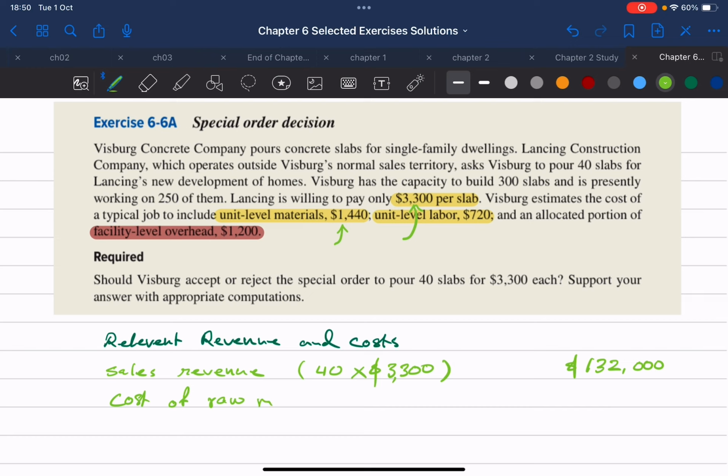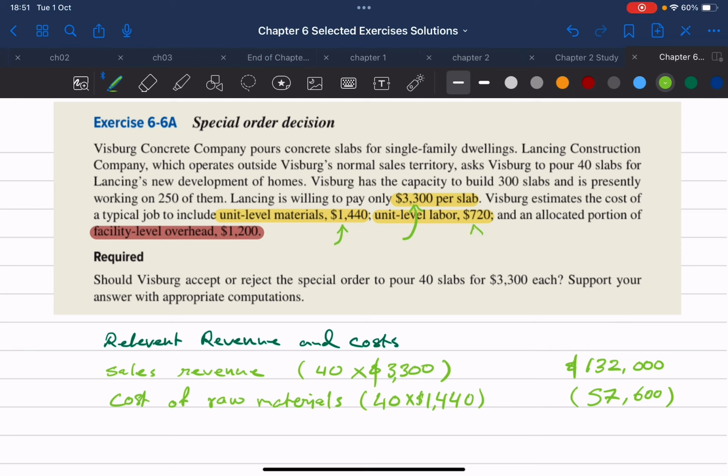So let's say cost of raw materials, 40, which is the number of slabs, multiplied by $1,440. Again, going back to our calculator, 40 multiplied by 1,440, that's 57,600. Okay.